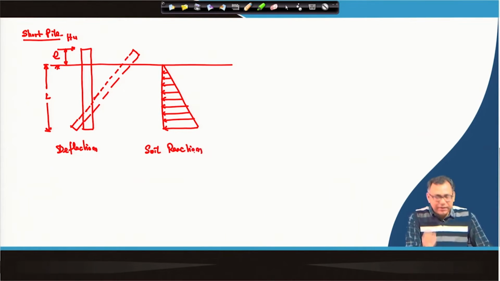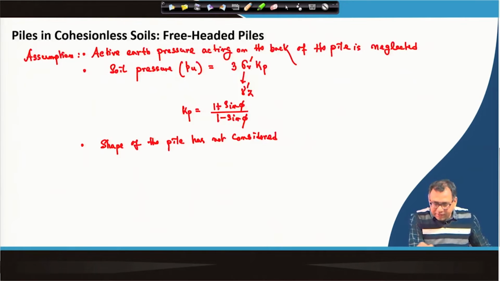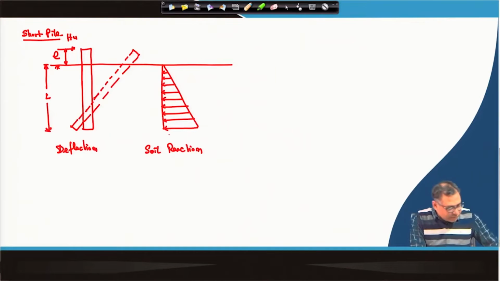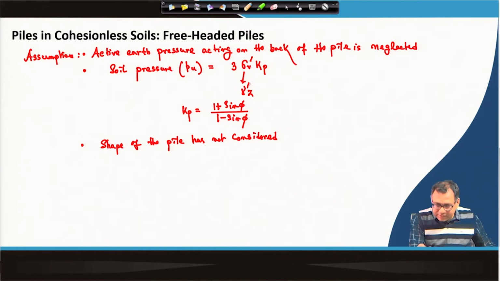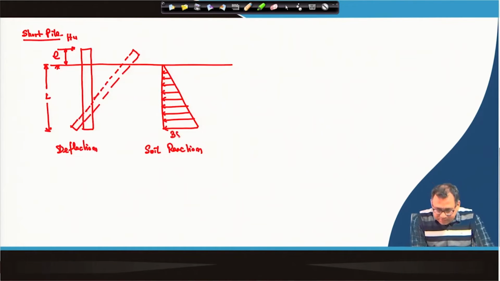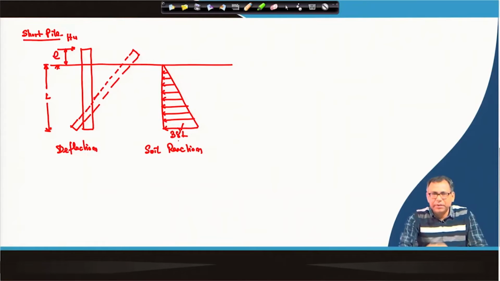Again it is assumed that at any point the soil reaction is 3 times sigma v dash into Kp. Here sigma v is gamma dash into z, so this will be gamma dash into L, because z is equal to L at that point. As mentioned in the previous case, this value is kilonewton per meter square.